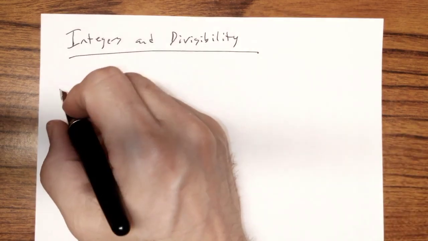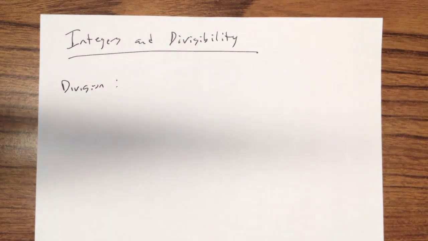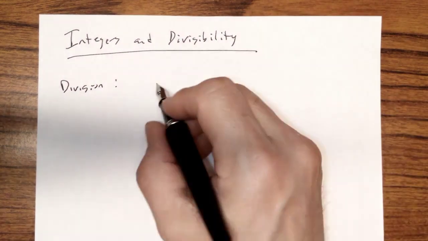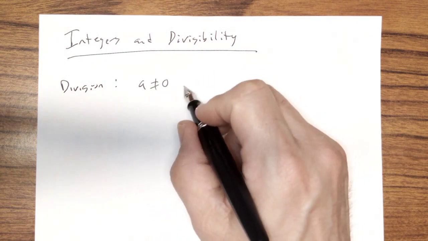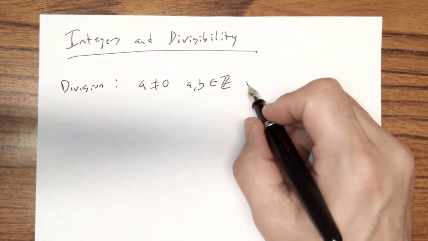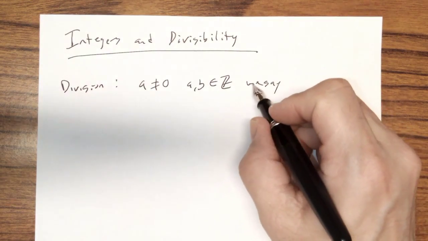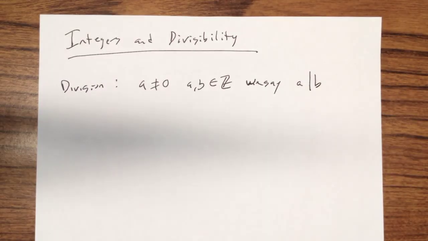So let's talk about division. This was one of our questions on the first exam. If A is not 0 and A and B are in the set of integers, we say A divides into B evenly.